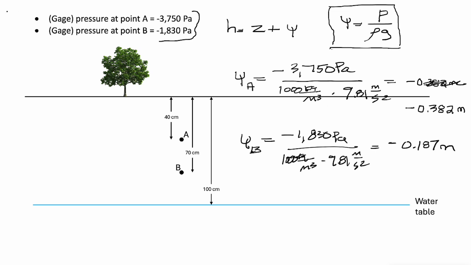In fact, I'm going to write them up here so that I can erase the rest of this stuff and then go through the problem with different choices of datum. But we're always going to use these two values we just calculated. The metric potential at A was equal to negative 0.382 meters, and the metric potential at B was equal to negative 0.187 meters.